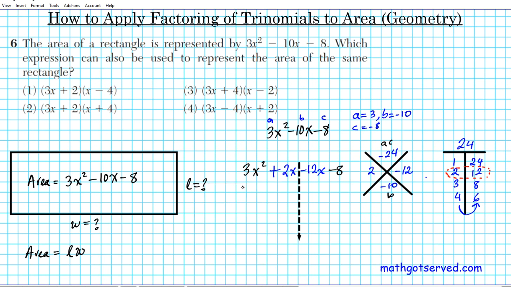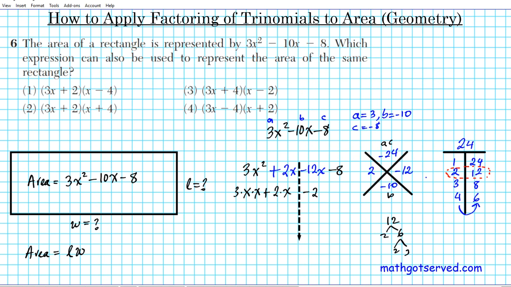Okay, so we'll break this down. We'll have 3 times x plus 2 times x. And then here we pull out minus. If we break down 12, let's use a factor tree. 2 goes into 12 6 times, and then 2 goes into 6 3 times.